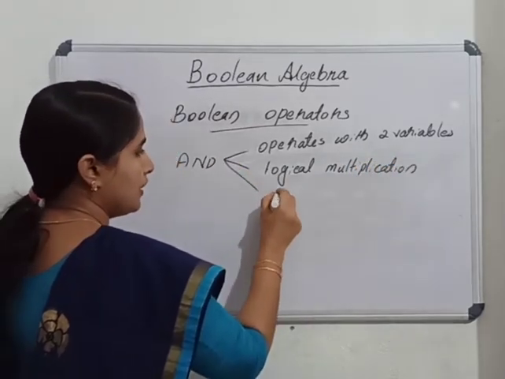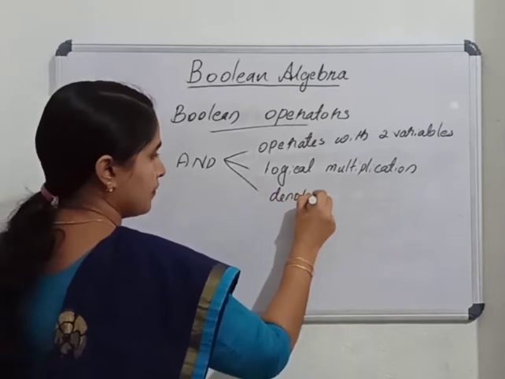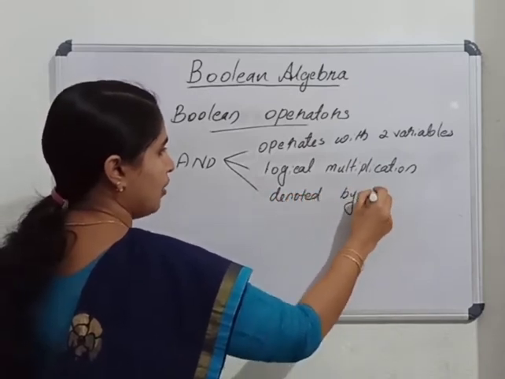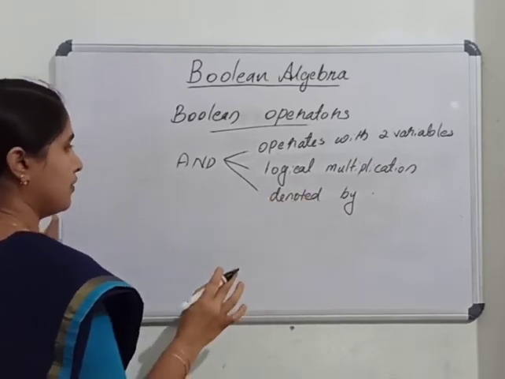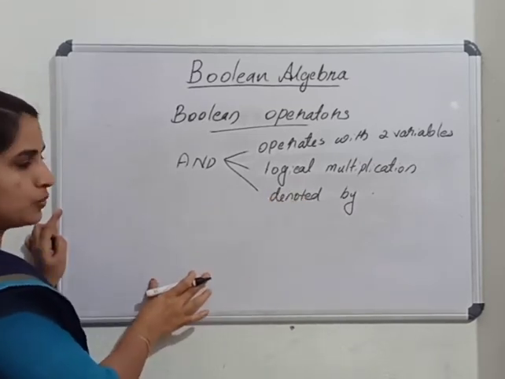And it is denoted by a dot symbol. And the last point we will consider only after drawing the truth table.